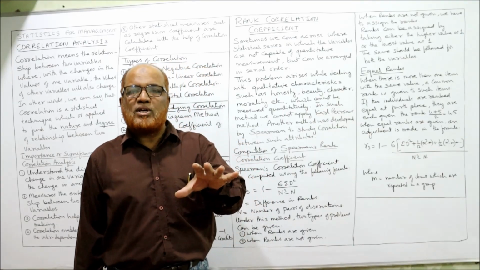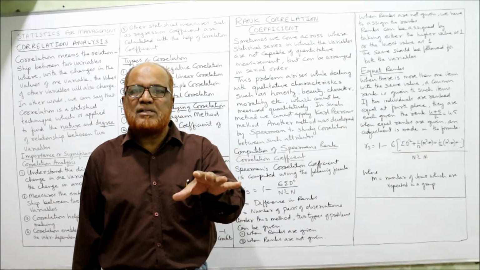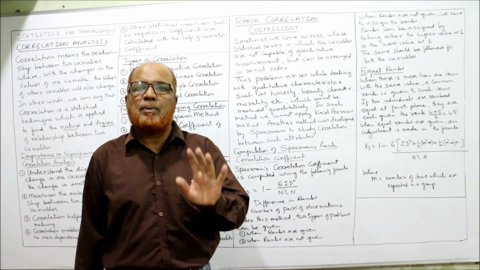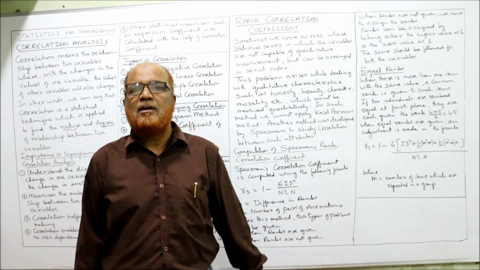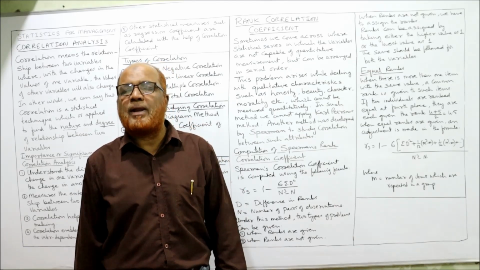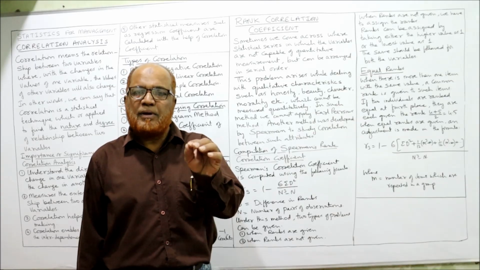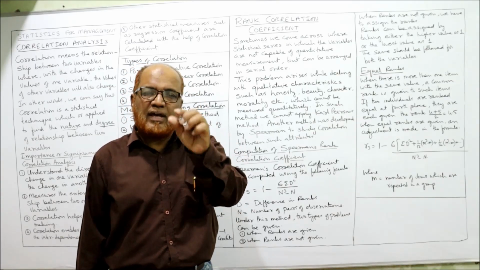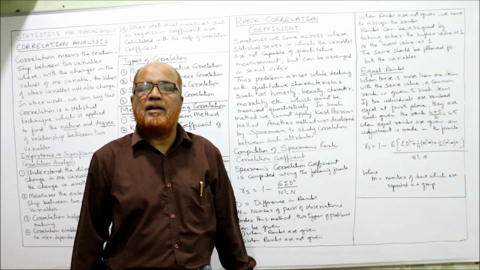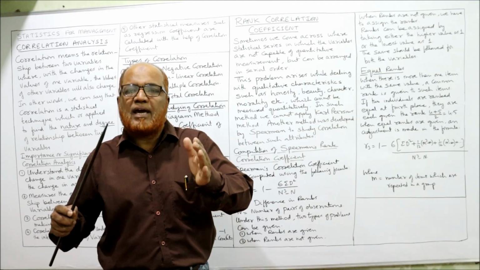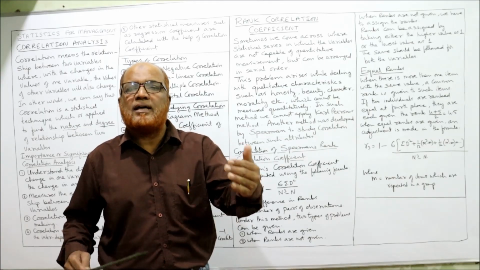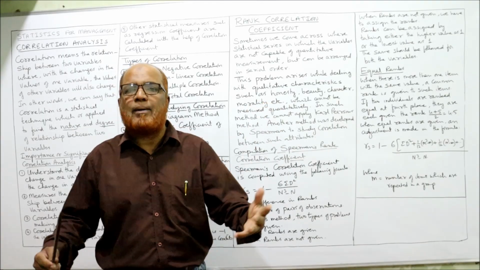In situations where the statistical variables are not capable of being measured in terms of specific units, we cannot apply Pearson's. Pearson's can be applied where the variables can be measured in terms of some units. So in situations where we cannot measure, we apply the rank correlation method.